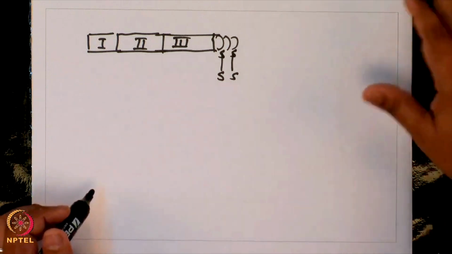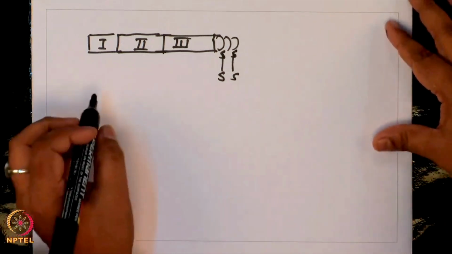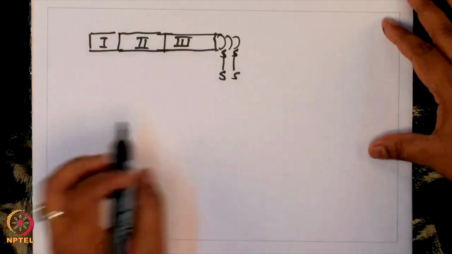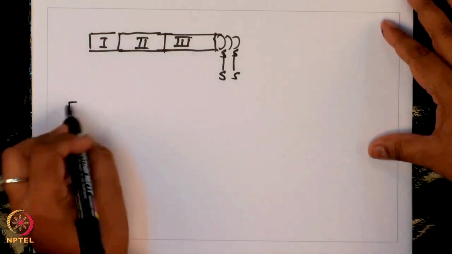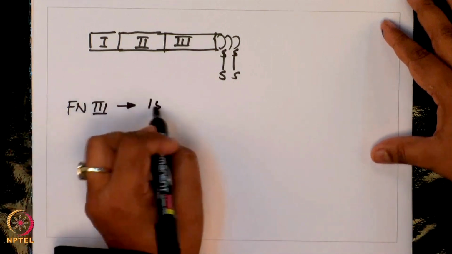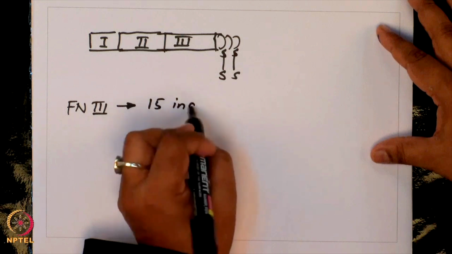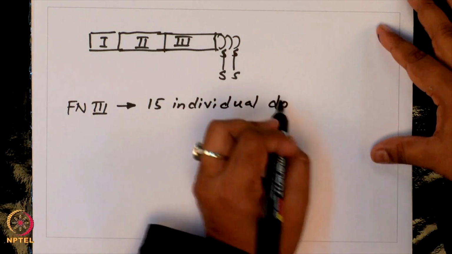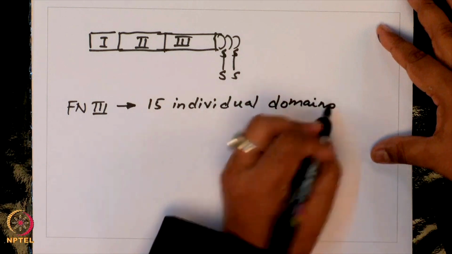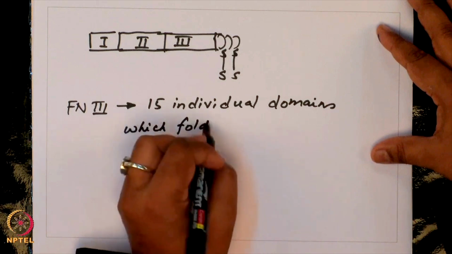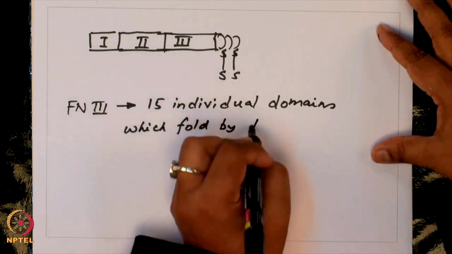So many of the bindings, if I particularly look at this module FN3, it has 15 individual domains which fold by themselves.